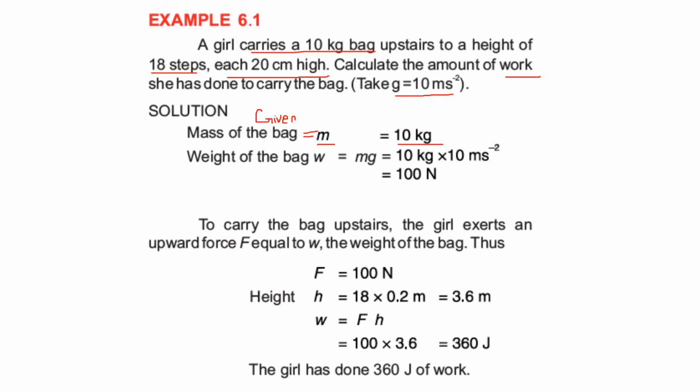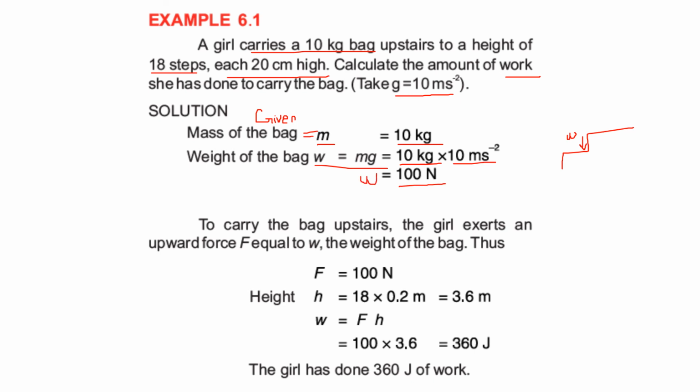Then as the girl is moving upstairs, the weight of the bag will be downward. So W will be equal to mg. We can calculate 10 kg into 10 meter per second square. When we multiply both, we get 100 Newton. This is the weight of the bag.